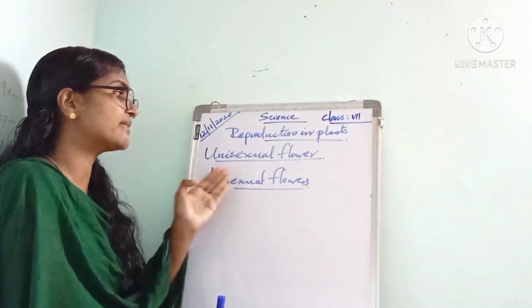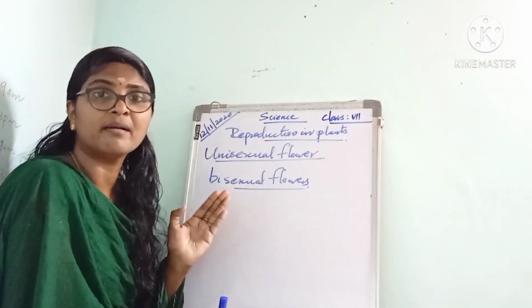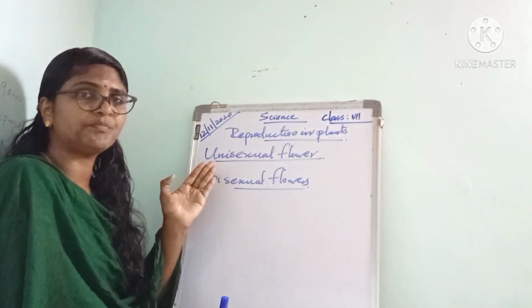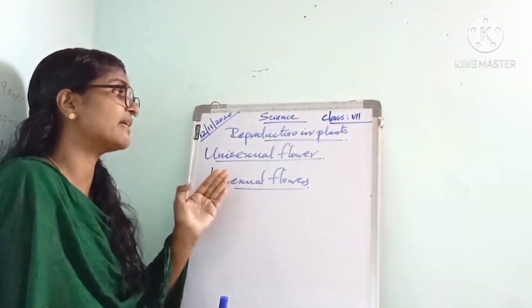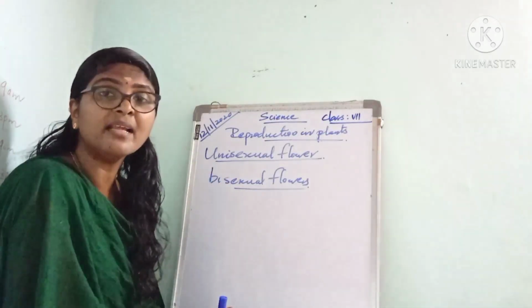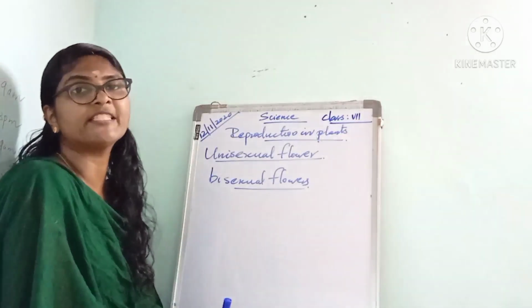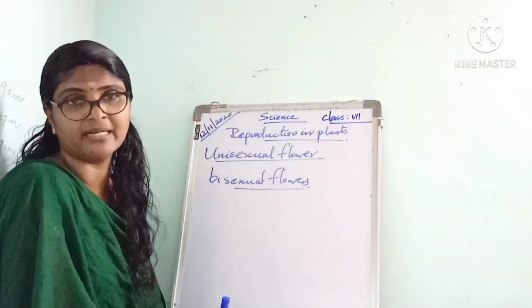Listen. In unisexual flowers, some plants have separate male and female flowers. The male flower has only the male reproductive part and the female flower has only the female reproductive part.